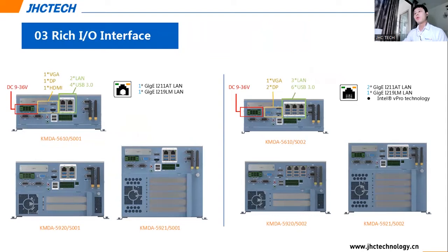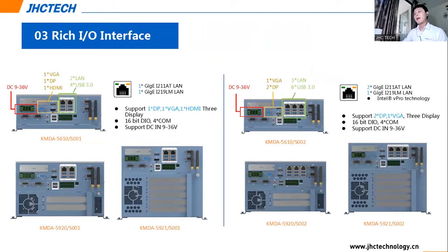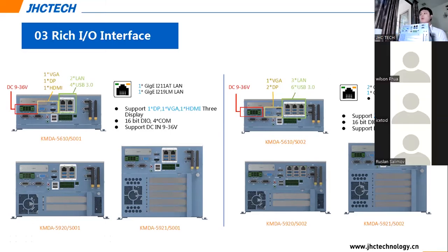This picture shows our new KMDA series rich I/O interface. As I said, it has two models, S001 and S002. S001 is equipped with the H310 chipset, and S002 is equipped with the Q370 chipset. And here I have the KMDA-5920. This is the S001 model. You can see that it has two LAN ports, and S002 has 3 LAN ports.